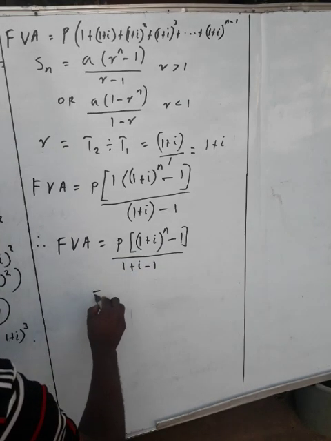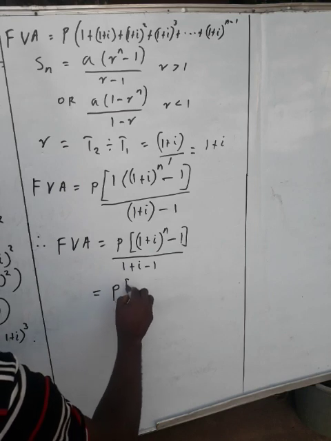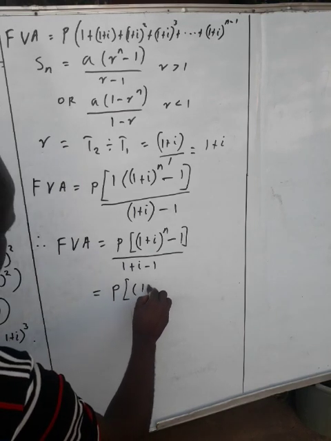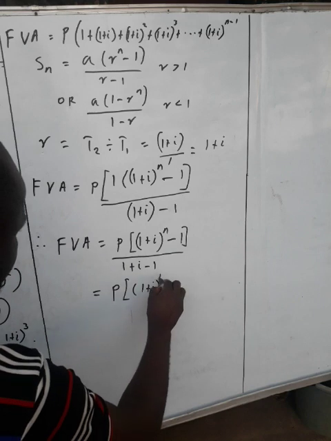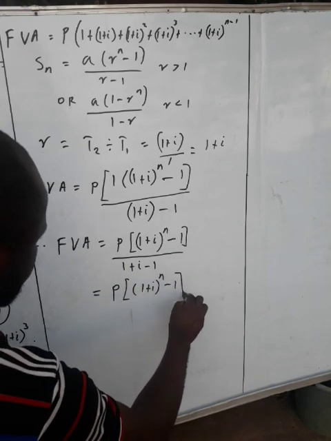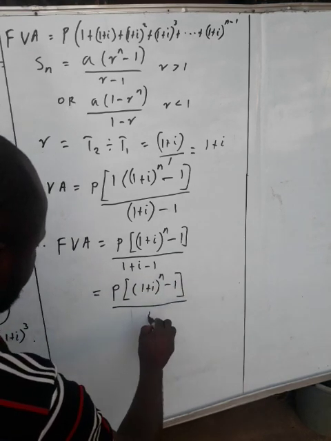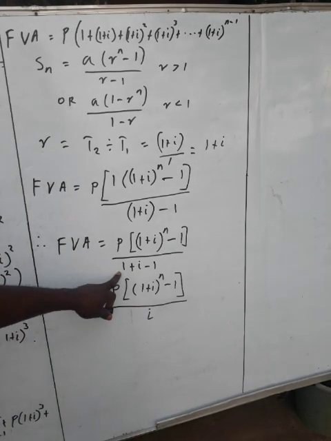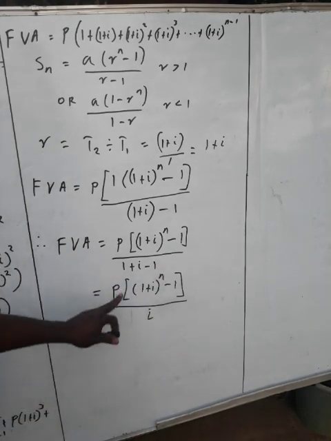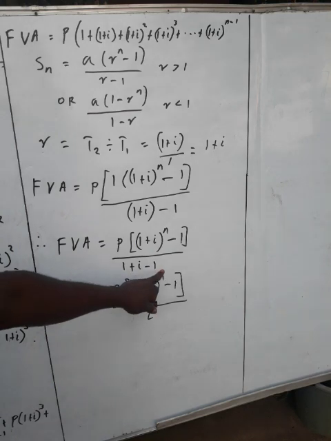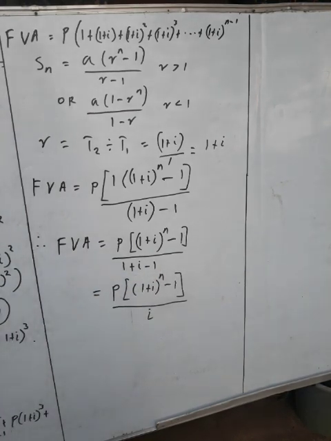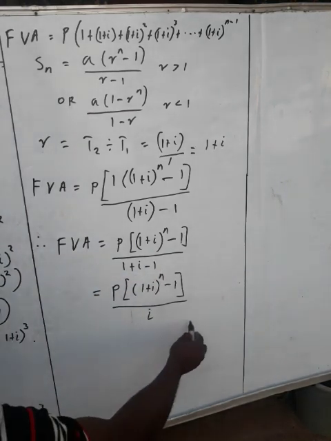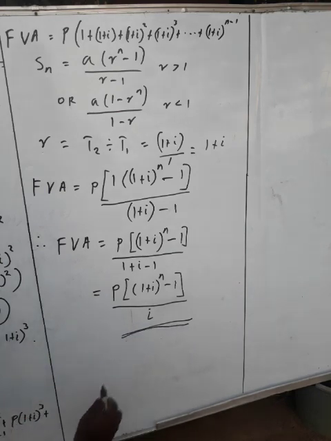So this gives P[(1 + i)^n - 1] all over i, because 1 minus 1 gives us 0 and 1 + i minus 1 will leave us with i only. And this is the formula for finding future value annuity. Thank you.